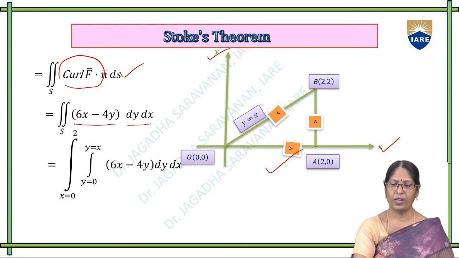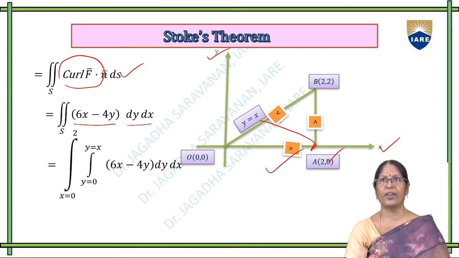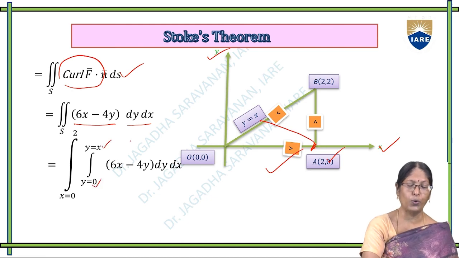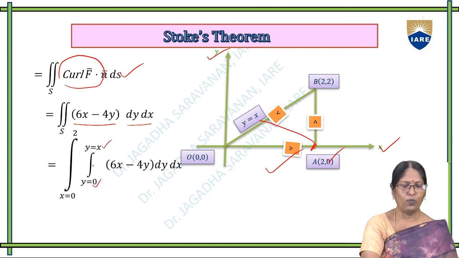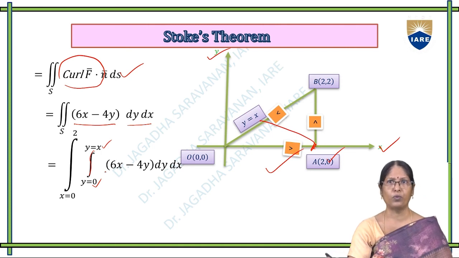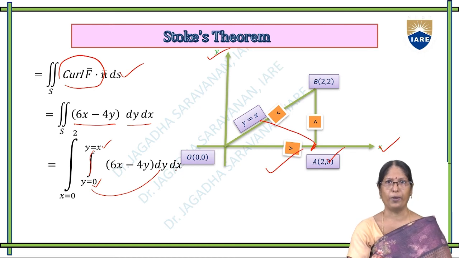Then y goes from where to where? Here y is from 0 to where it touches the straight line, so y goes from 0 to x. The interior integration is with respect to y.